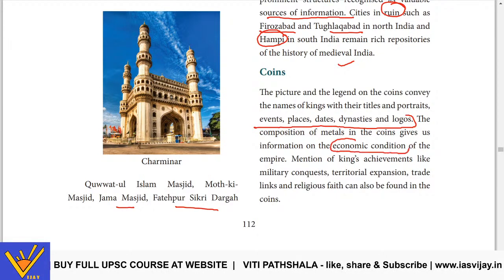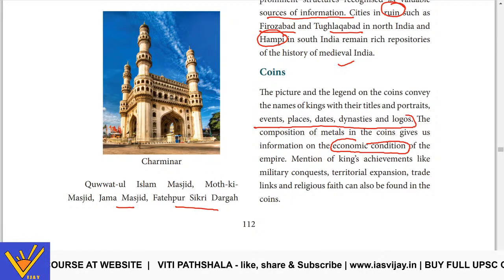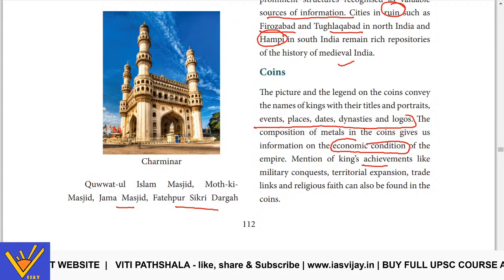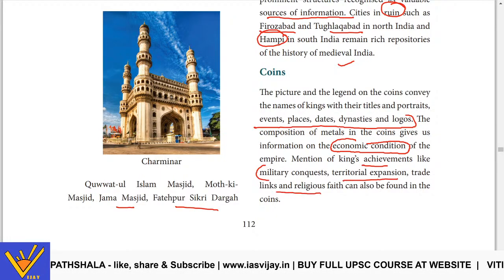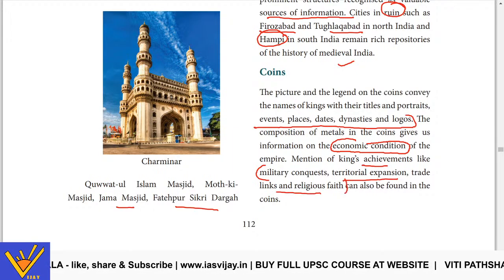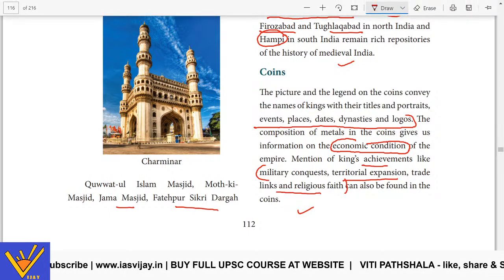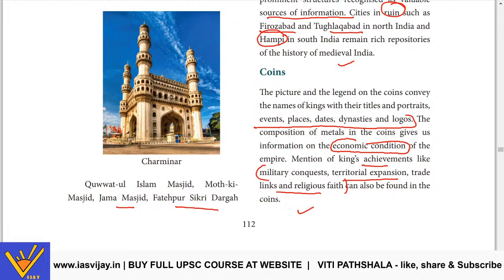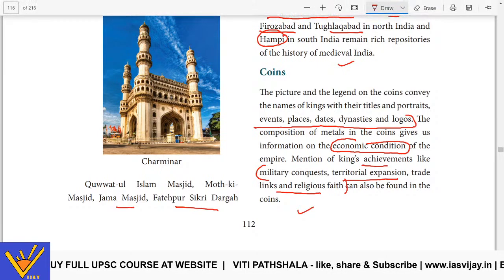How was the economic condition of that area, that empire? The king's achievements like military conquest, territorial expansion, trade links and religious faith can be found on the coins. So that is also an important source. Now Muhammad Ghori has stamped the figure of the goddess Lakshmi.